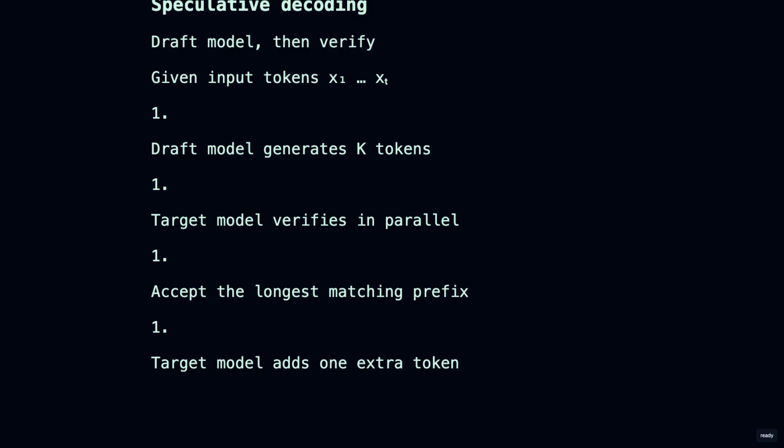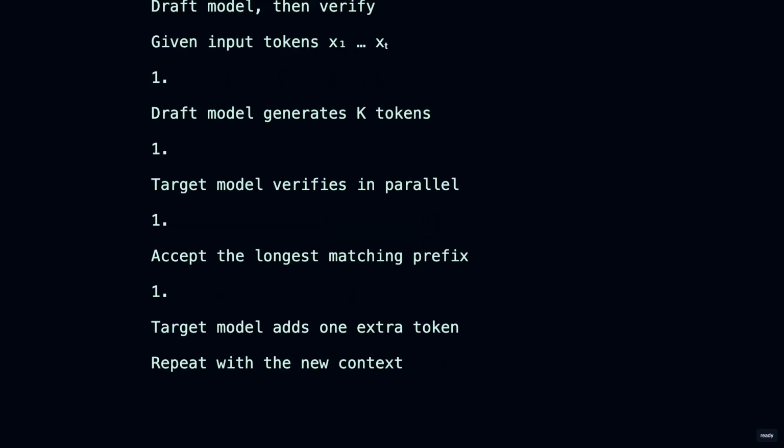That keeps the sequence anchored to the stronger model. After that, the loop starts again using the extended context. Over time, this can reduce the number of expensive target model decoding steps.